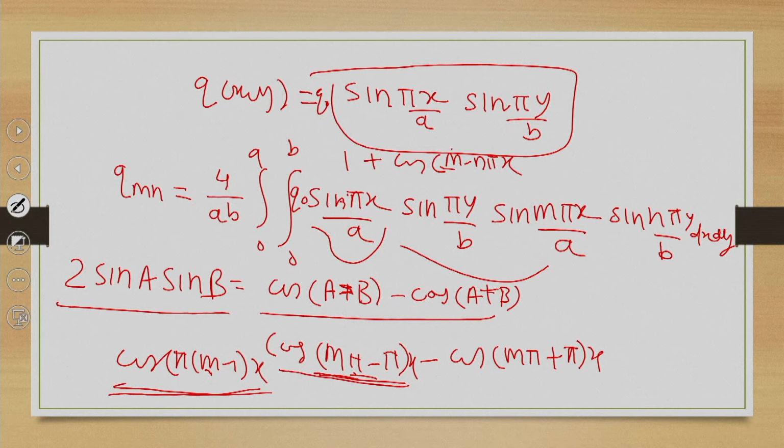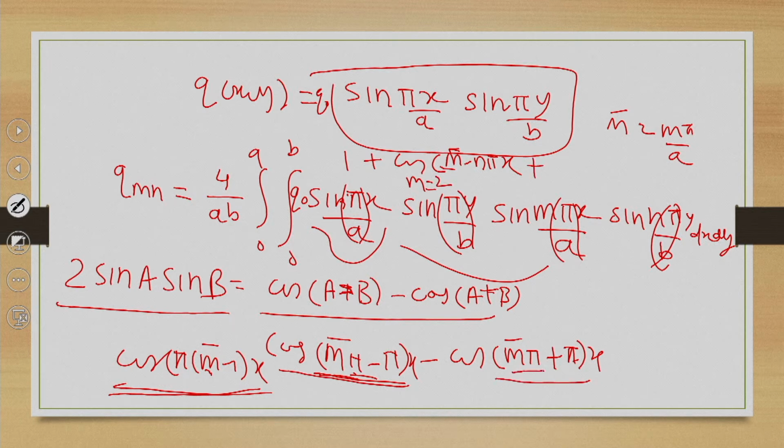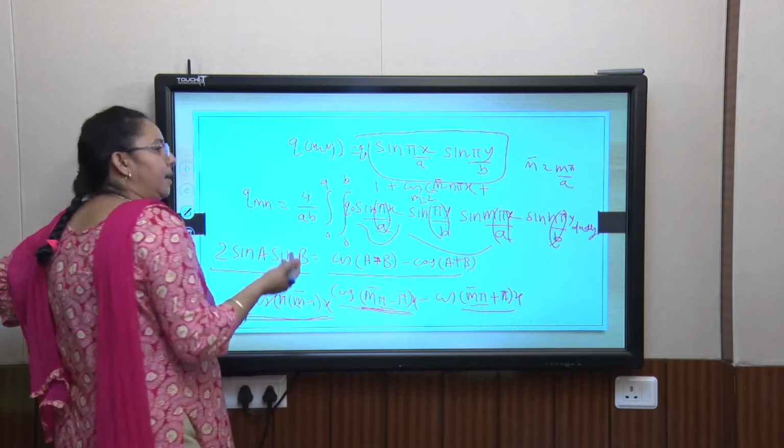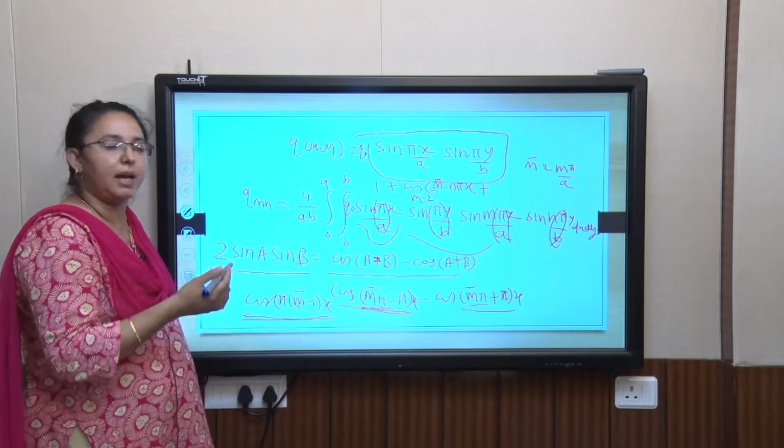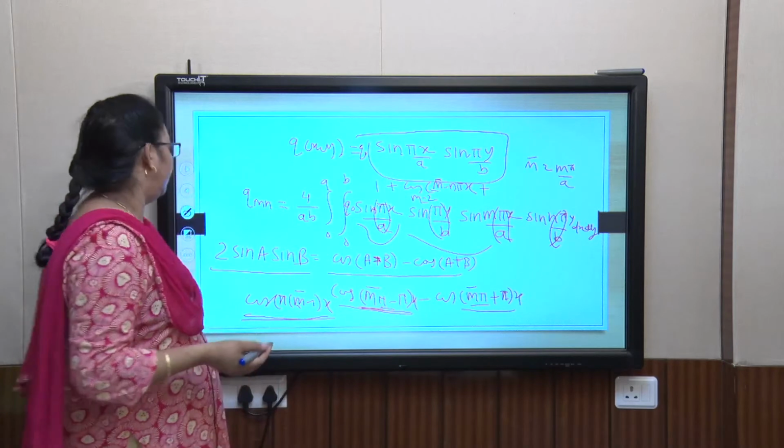So, basically you will say m bar, where m bar is nothing but m pi by a, and here also n pi by b, these things will come up. So, here this goes from m is equal to 2. Similarly for this case. If you do the integration of a cos function, it will be sine. So, you take any value, sine pi, sine 2 pi, sine 3 pi, sine 4 pi, contribution will be 0.